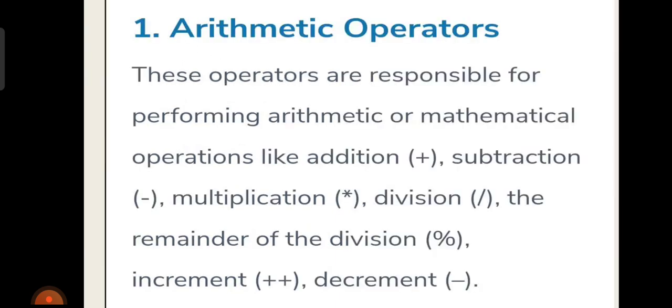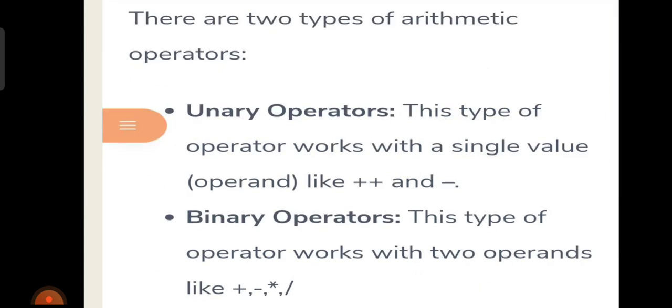Now what are arithmetic operators? These operators are responsible for performing arithmetic or mathematical operations like addition, subtraction, multiplication, division, remainder of the division, increment and decrement. These arithmetic operators are of two types: unary operators and binary operators.